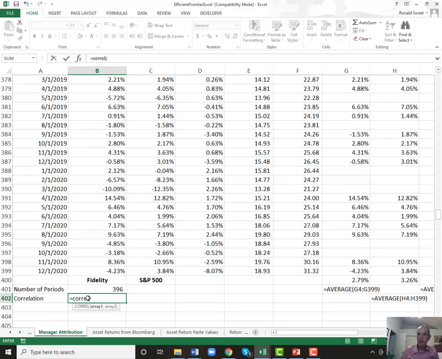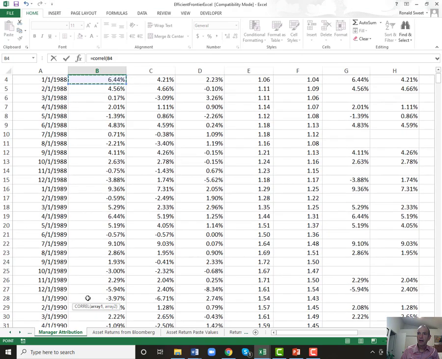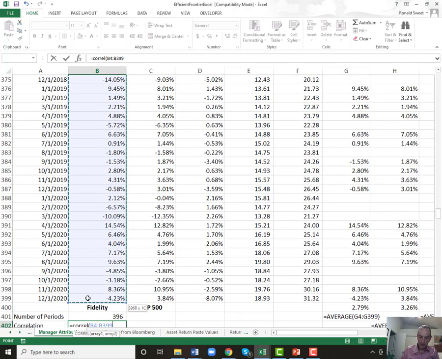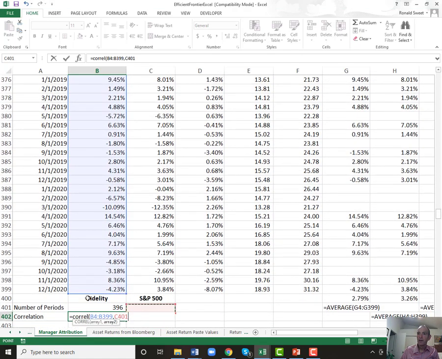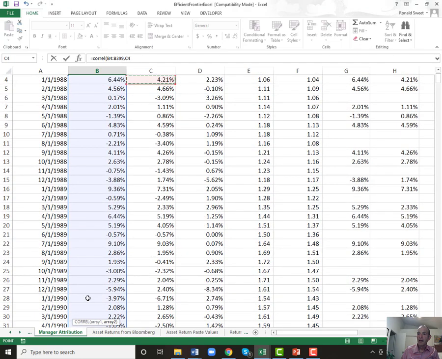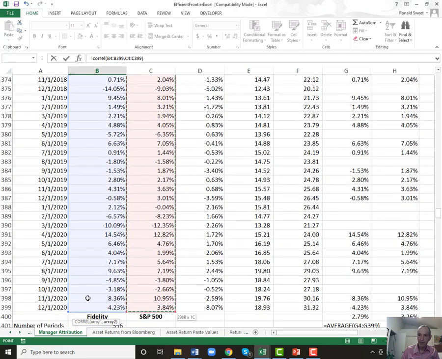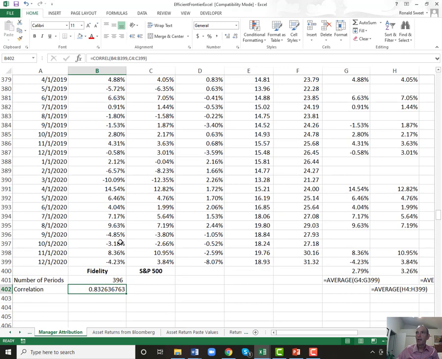Remember we did that last class. So I'll highlight all of these returns, comma, highlight all the S&P 500's returns. Remember that 0.83, so there's that formula. 83, that's an okay. It's probably, again, distorted by the capital gain distribution, so that's probably higher than that.